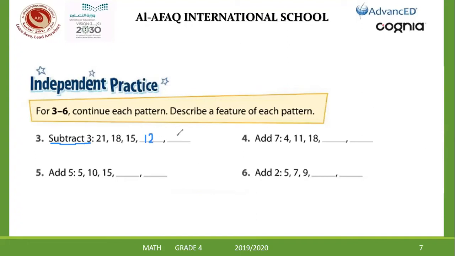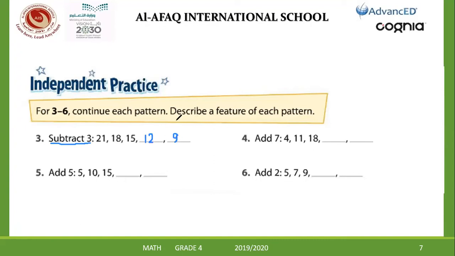Take away 3 will be 9. I follow the pattern rule, subtract 3. To find the missing number, continue subtracting 3. Take away 3 from 15, it will be 12. Take away 3 from 12 will be 9.